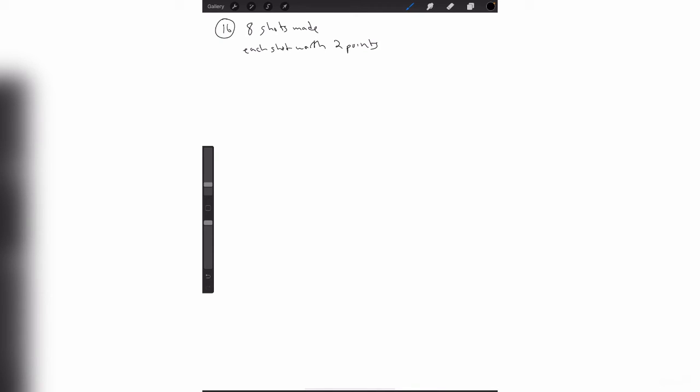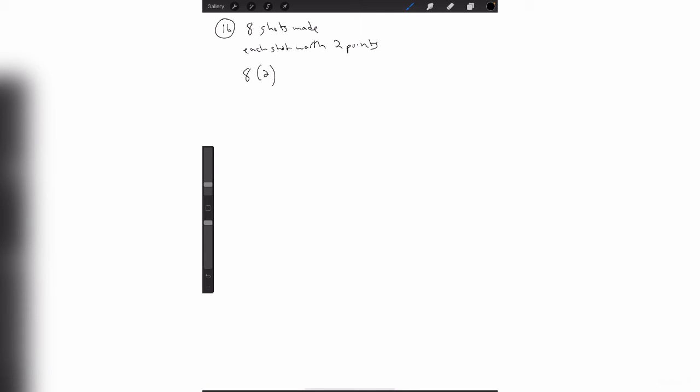Okay, so write an algebraic expression to model the total score. So in this case, I made 8 shots, and I am multiplying by 2 because each shot that I made was worth 2 points. Okay, so that's my algebraic expression.